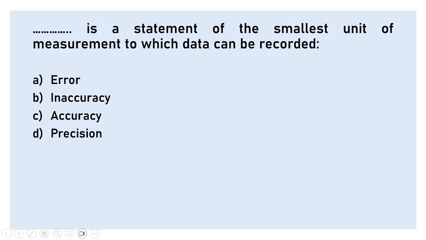The blank is a statement of the smallest unit of measurement to which data can be recorded. This we had just discussed. Of course, I have not specifically told about this definition, but it's what we had discussed.